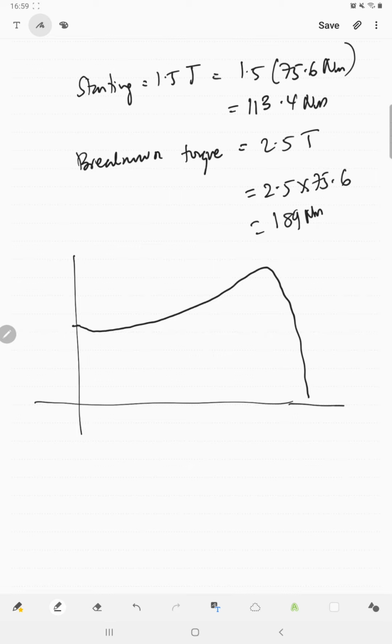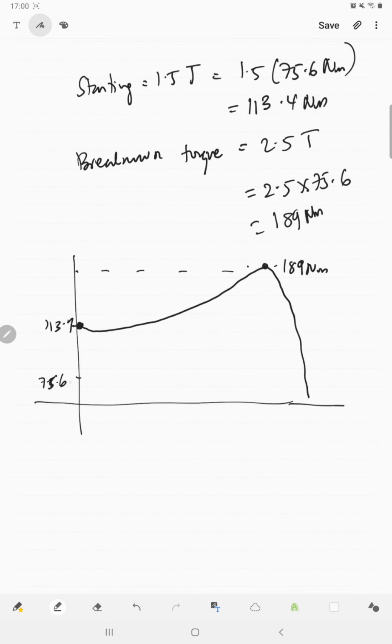So the starting torque must be 113.4, and then here must be 189 Newton meter. It must be labeled, so that we know where the starting torque and the breakdown torque are. And then the nominal full load torque we're looking at 75.6, lower here.